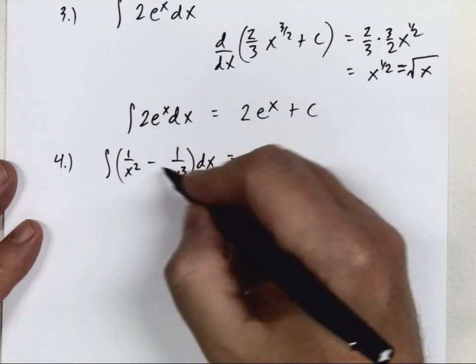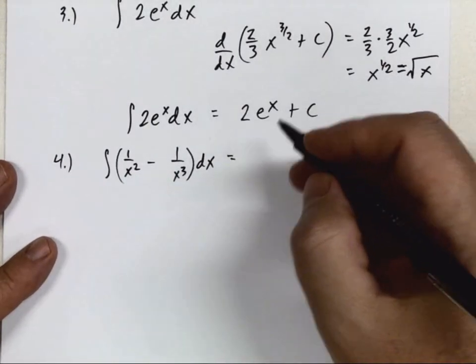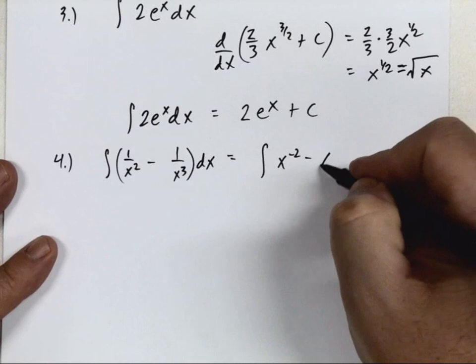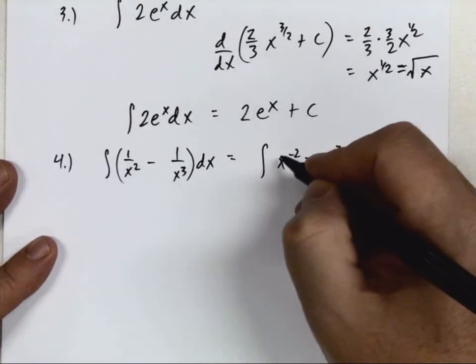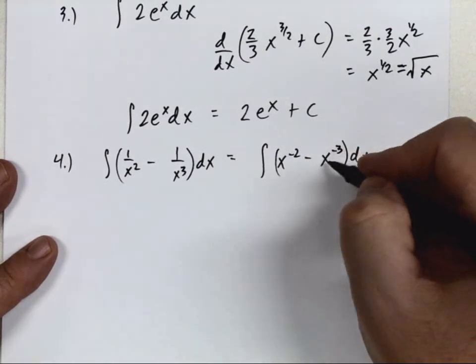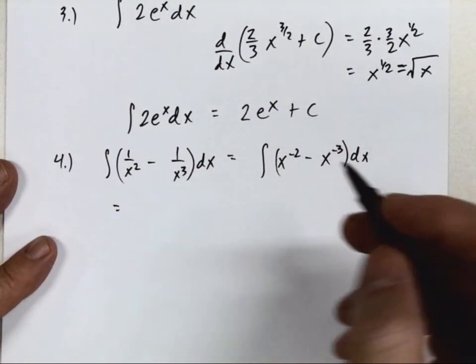Now my variables are both in the denominator, and I need to get them up into the numerator. So I can rewrite this as x to the minus 2 minus x to the minus 3. Now I can take the integrals of each of these separately.